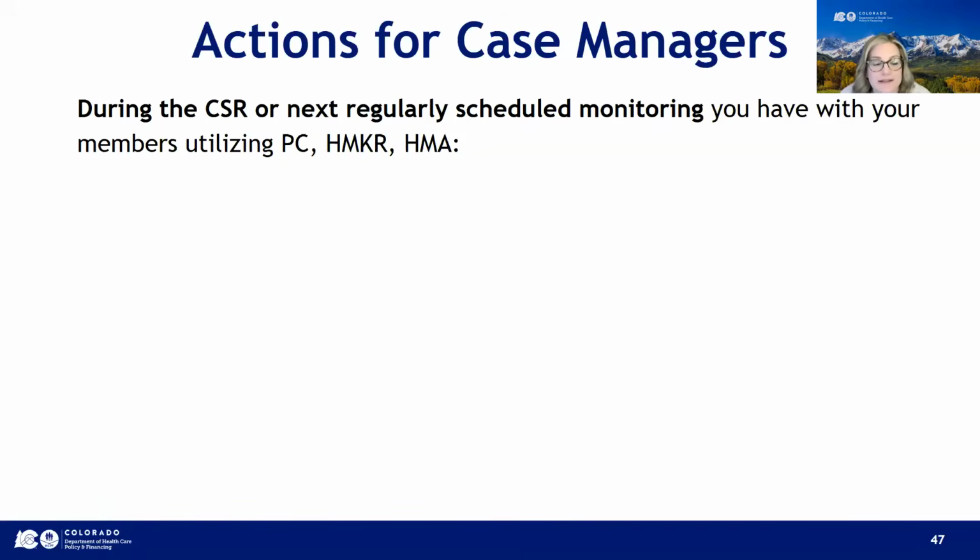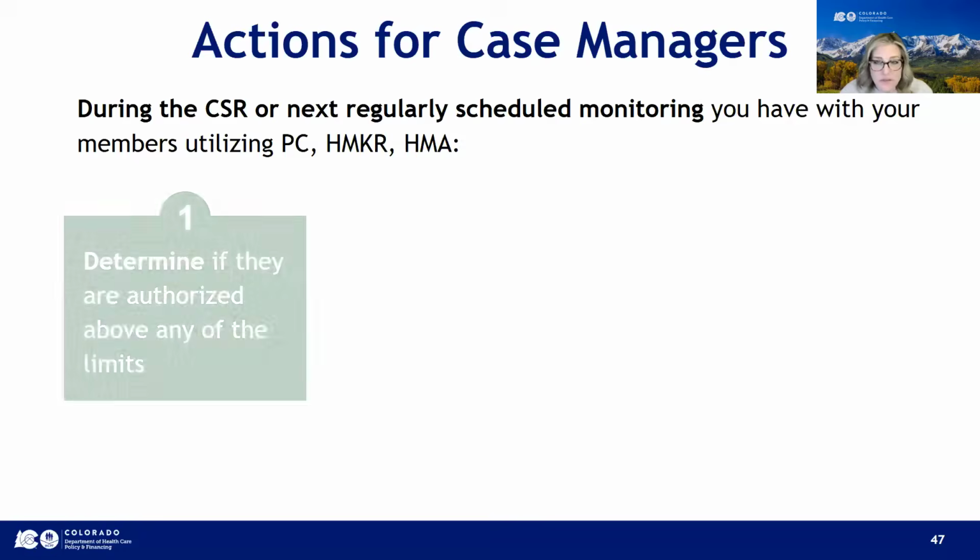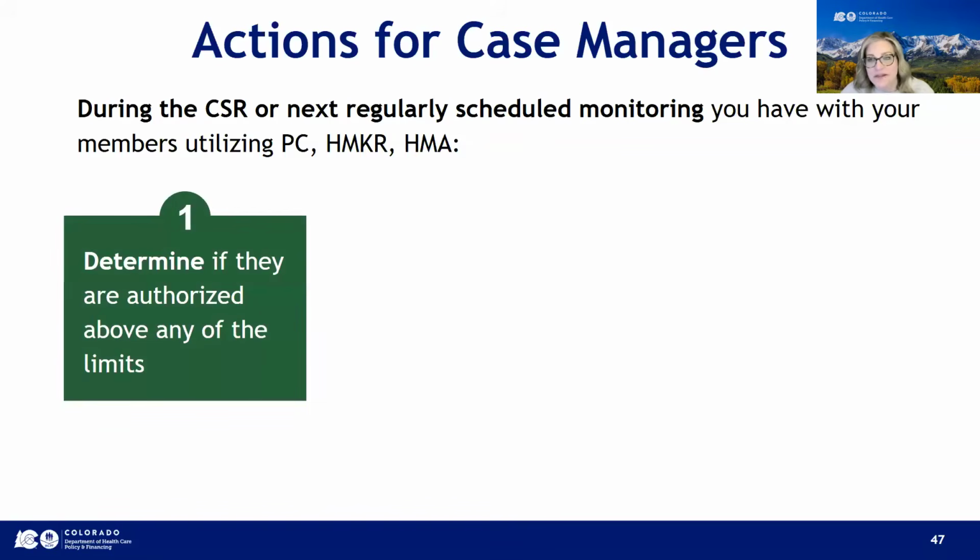All right, another little summary slide for you of our actions for you as case managers. To summarize what we've just gone over, these are high-level actions you take as a case manager during the next continued stay review or regularly scheduled monitoring that you have with your members, utilizing personal care, homemaker, and HMA. First, you'll be determining if they are authorized above any of the limits.